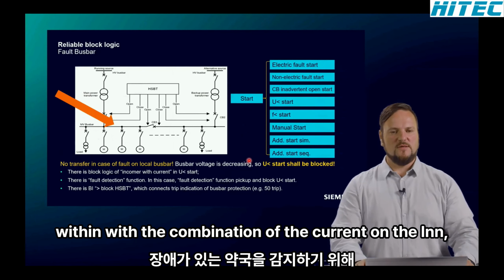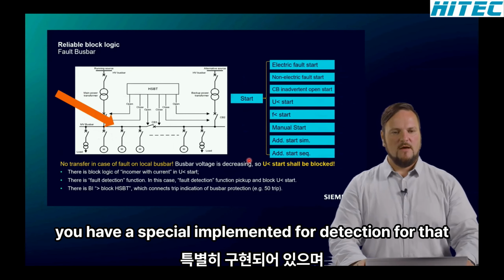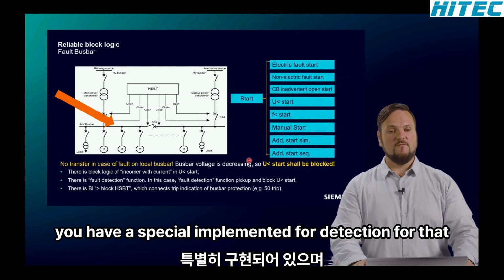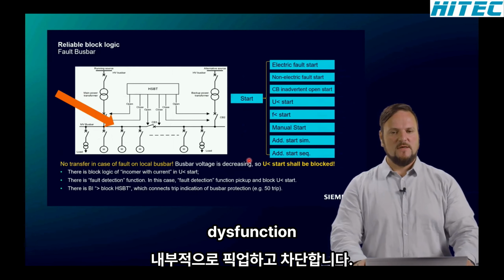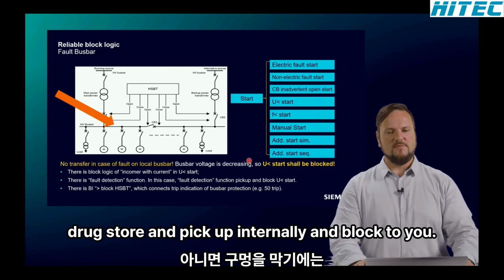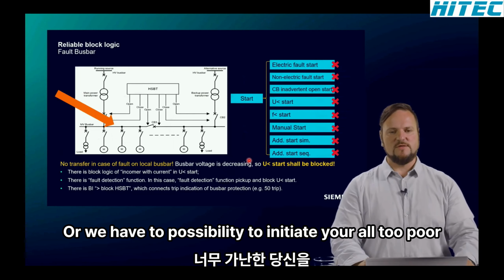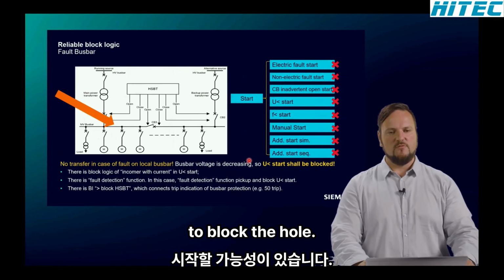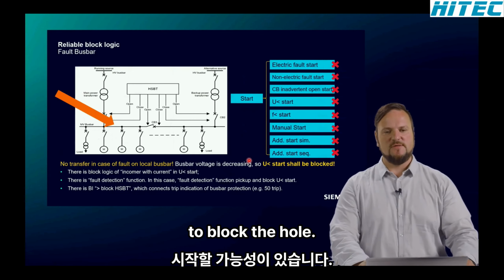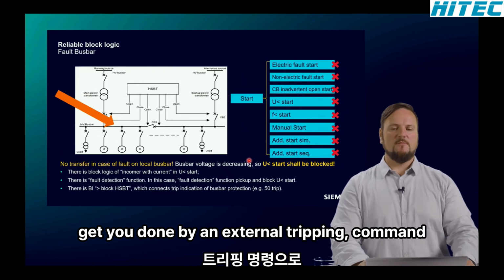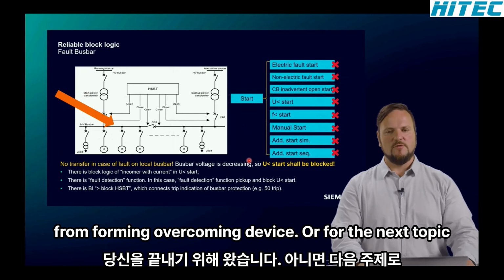We can do that with the combination of the current on the incomer. We have a specially implemented fault detection for that. This function blocks, picks up internally and blocks the under voltage criteria. Or we have the possibility to force this binary input to block the whole HSPT function. And this can be done by an external tripping command from an overcurrent device, for example.